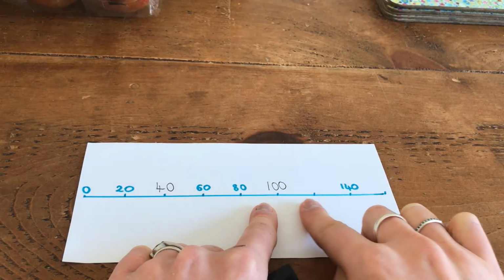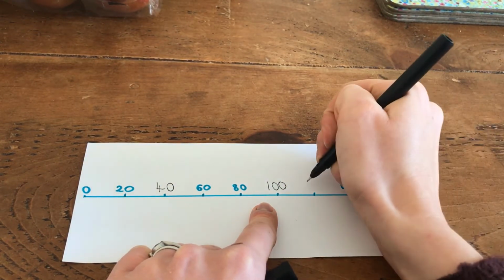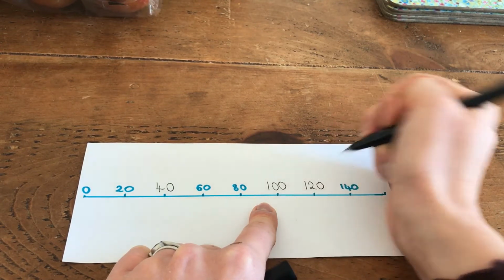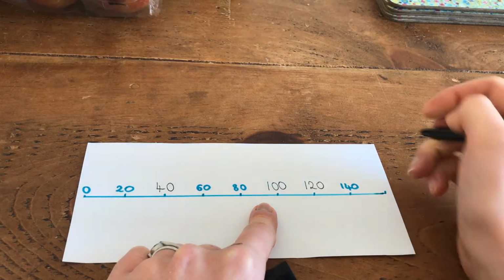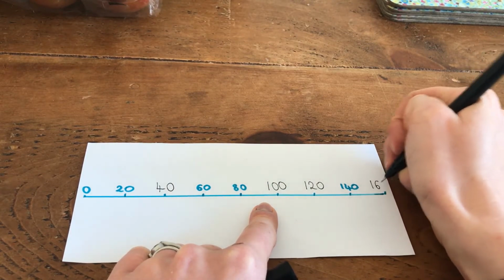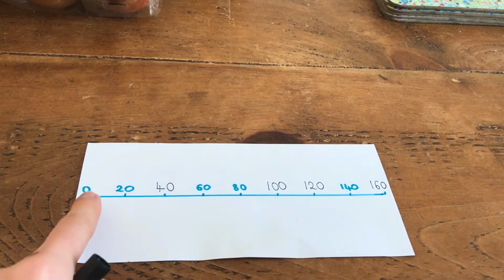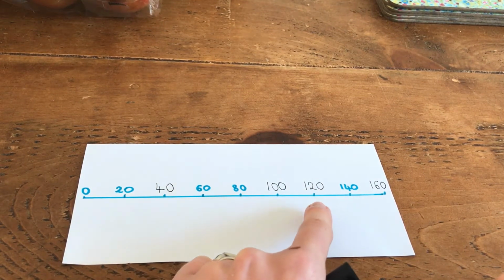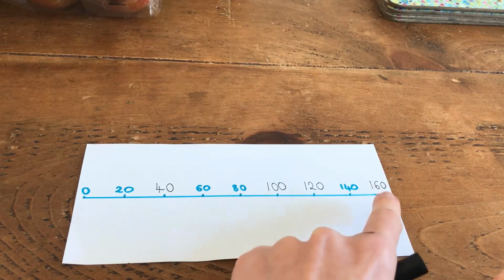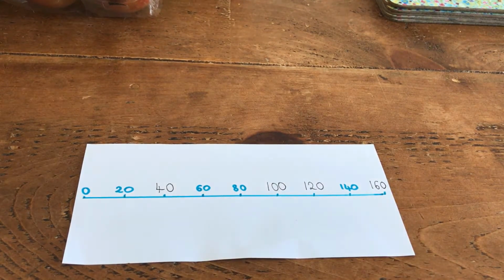Next one, 120, good. And then what would be right at the end? 160, that's right. So it's going up in 20s, as we said: 0, 20, 40, 60, 80, 100, 120, 140, and 160.